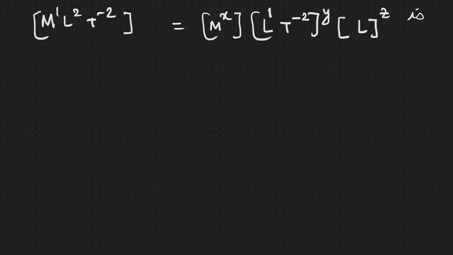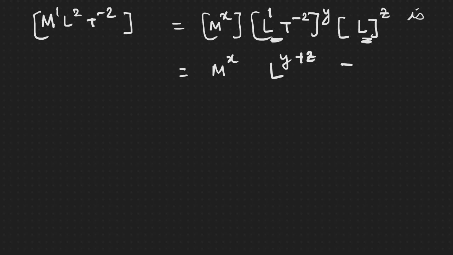So now we will equate, but before that we need to simplify it a little more. There is no M here, but there is L in two places, here and here. So it would be Y plus Z.